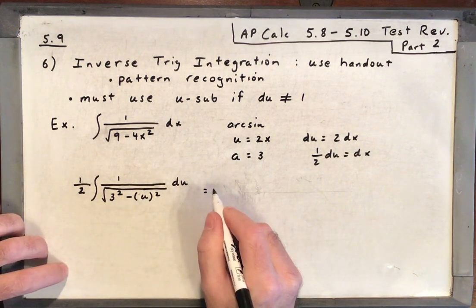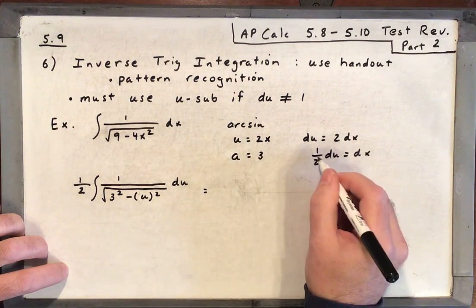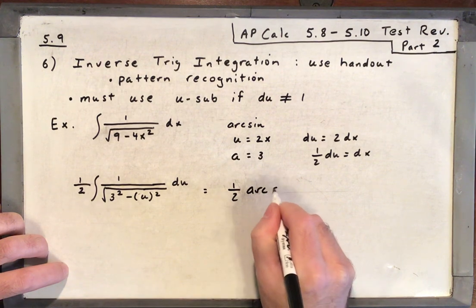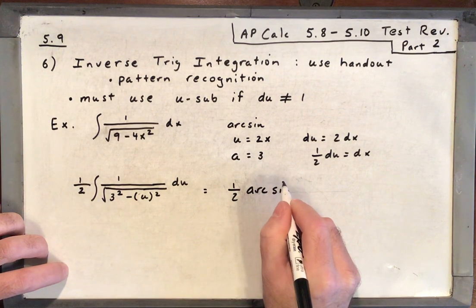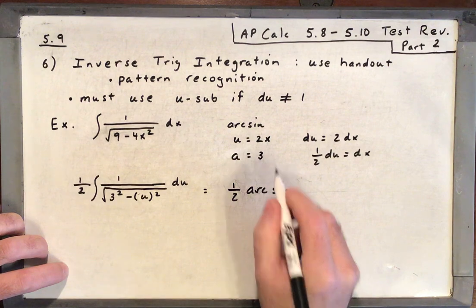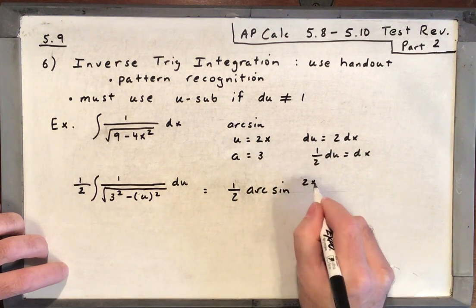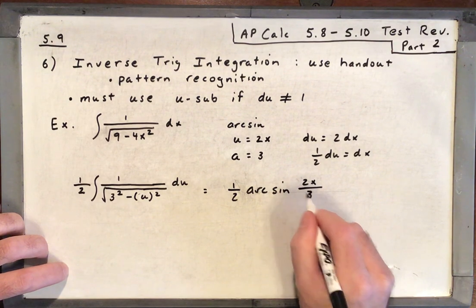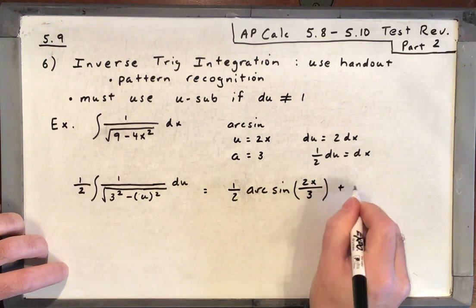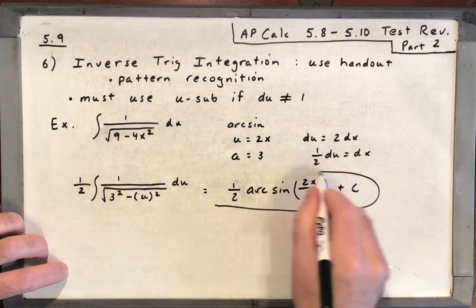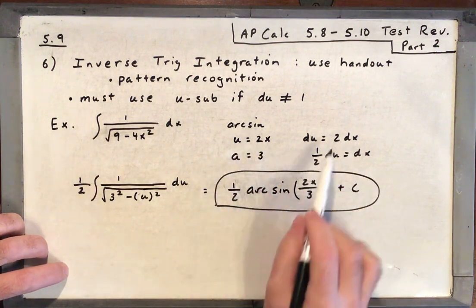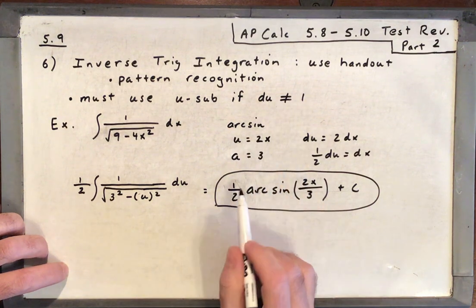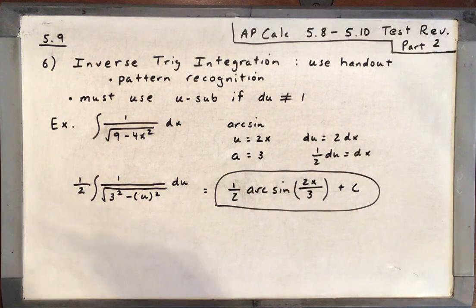Okay, so looking at the formula, we've got the 1/2 out front. Don't forget about that. We know it's arc sine, and then it's u over a. So that's going to be 2x over 3 plus c. So the fact that we had to use u substitution, that du was not equal to 1, just changes the coefficient out front. That's pretty much what it does.